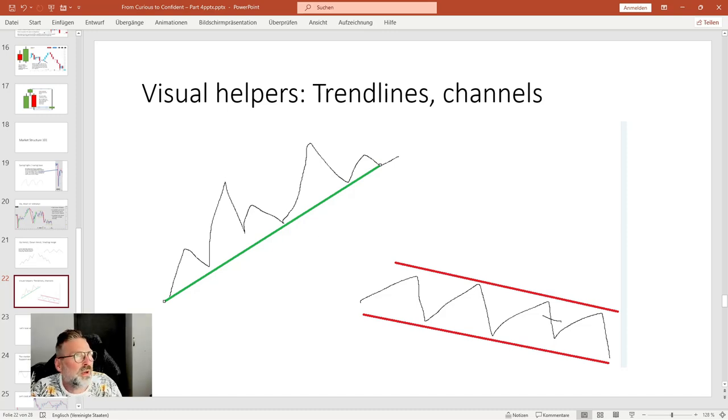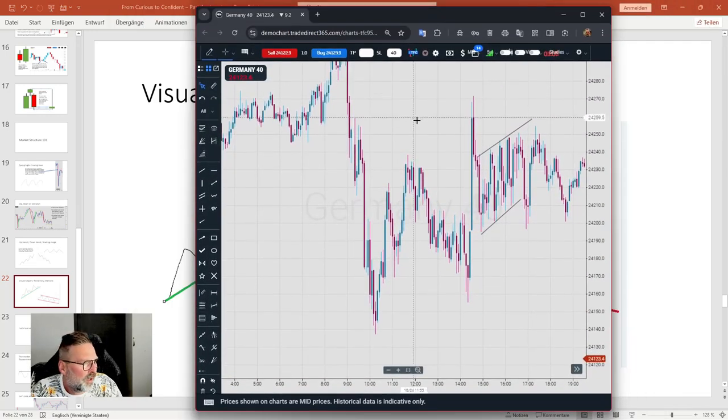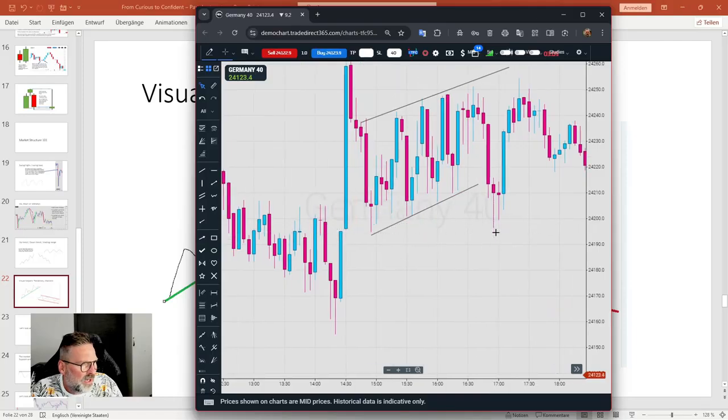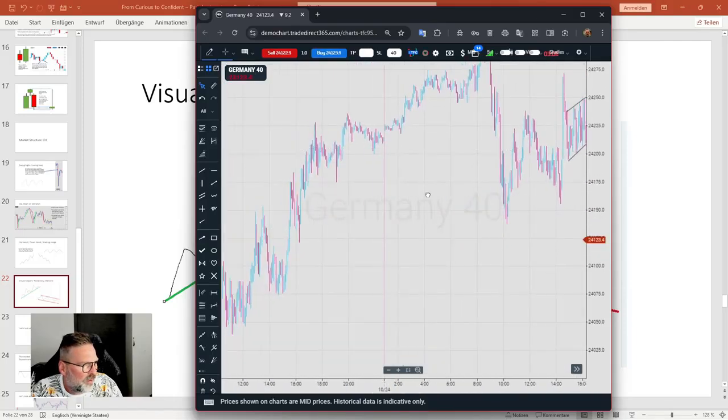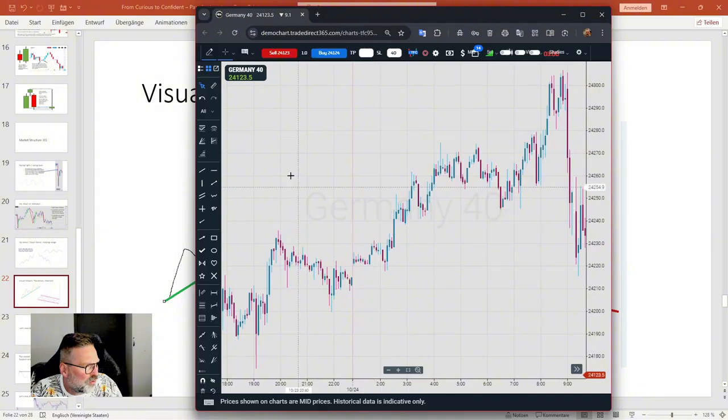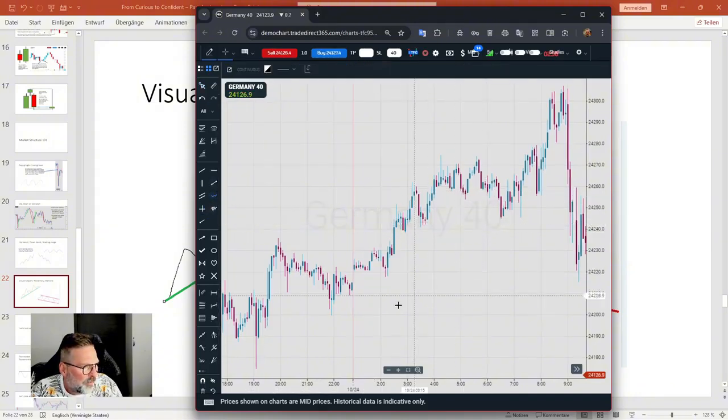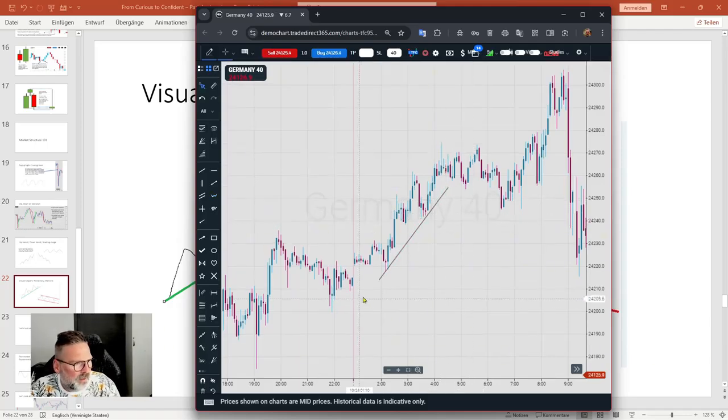That's maybe something you can try on the chart. Take your favorite charting package, TradingView, or what your broker delivers. They all have basic drawing tools. So for example, here we could connect the lows, and you see that would be a trend line.